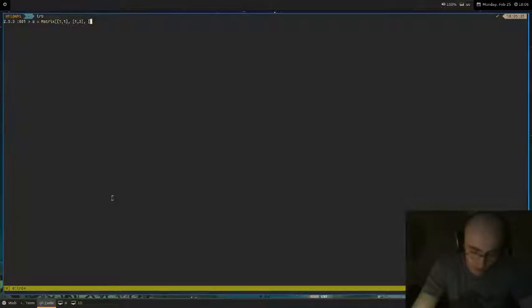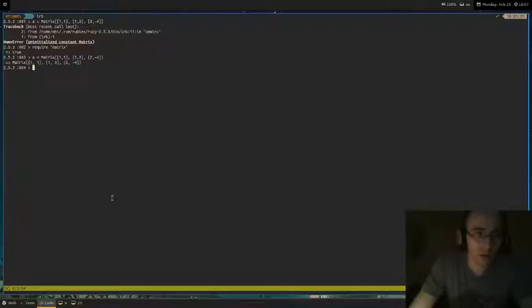And the third row is 2, minus 4. Okay. Alright. A transposed is A transpose. Alright. 1, 1, 2, 1, 3, minus 4, exactly.